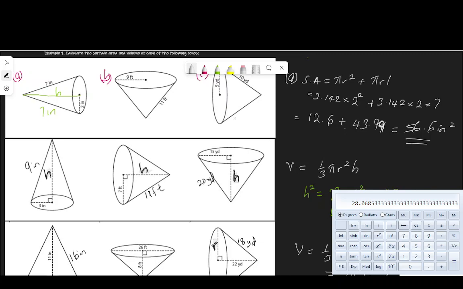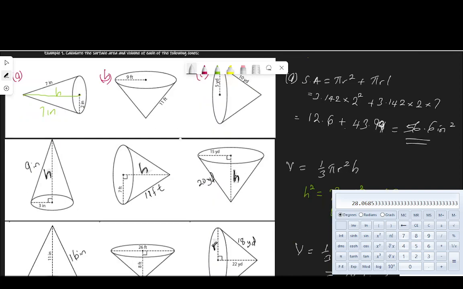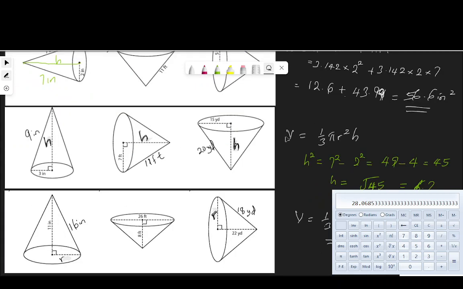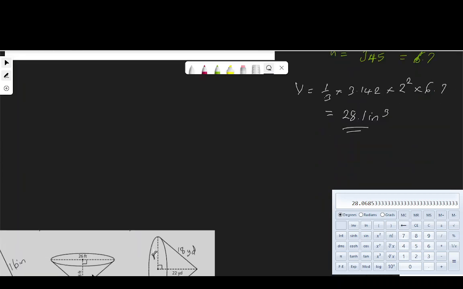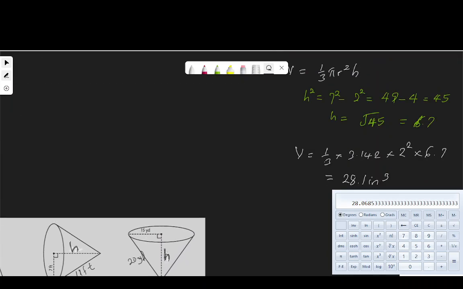And let's move on to question B. Question B, let's get the surface area first. I think I need to adjust this board so I have enough space to work with. Shift some of this down. Shift this one down. Also shift this one down.